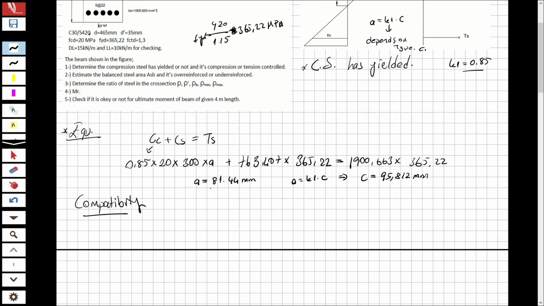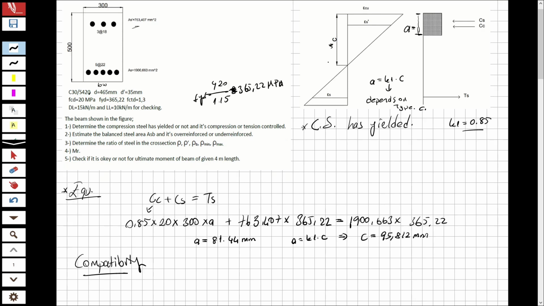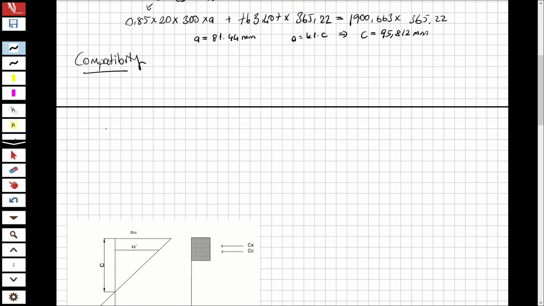For now, let's look here. Epsilon S prime over this length, right? And epsilon CU over this length, C. So I'm going to write here epsilon S prime over 95.812, this is C, minus 35.